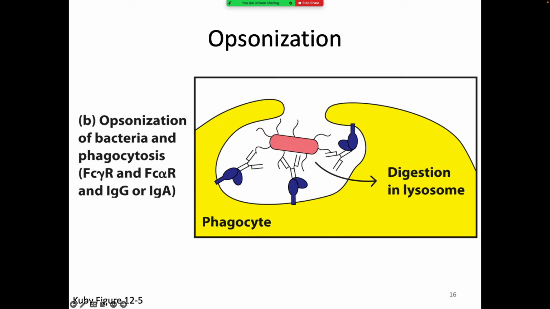So if you put a coating of antibodies on a bacteria, that also makes it more likely to get eaten. So it's the same idea: we're putting some kind of coating on the microbe and making it more likely to get eaten. Here the coating is an antibody, whereas before we opsonized with complement. So again, we've got 6 total functions of antibodies, and 2 of them are things you've seen before.